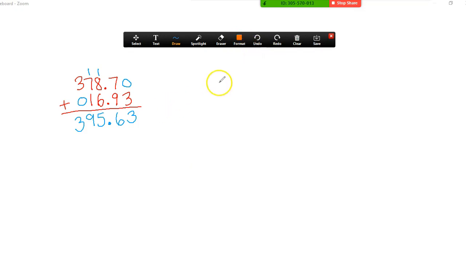Change colors. All right, so let's say I had something like, I'm going to do one more addition. Let's say I had something like 36, and 24, and let's just add another number here, like 8. But the other number was like 1.6.